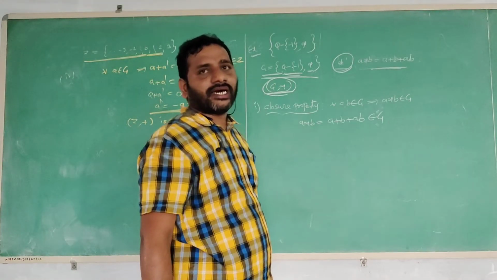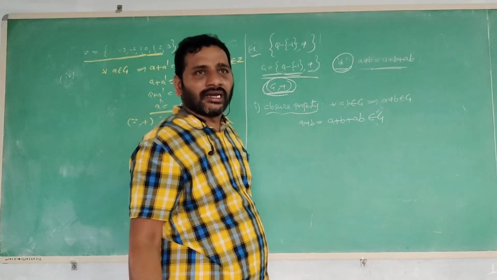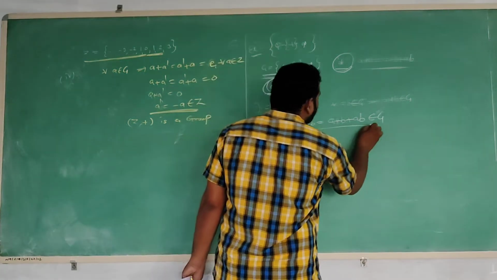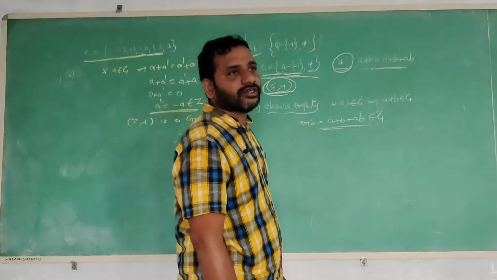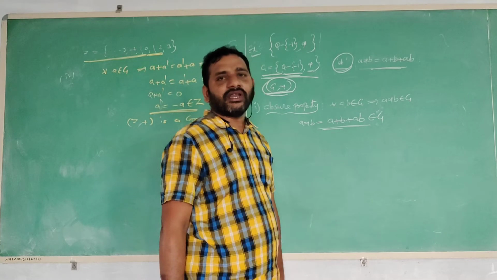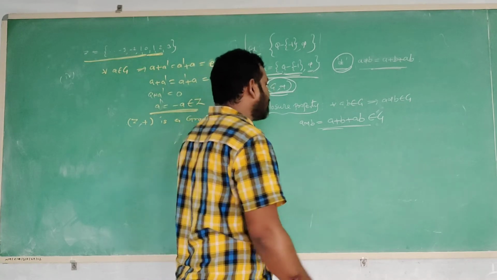The set of rational numbers excluding minus 1 satisfies the closure property. Any element a star b equals a plus b plus ab also belongs to G.